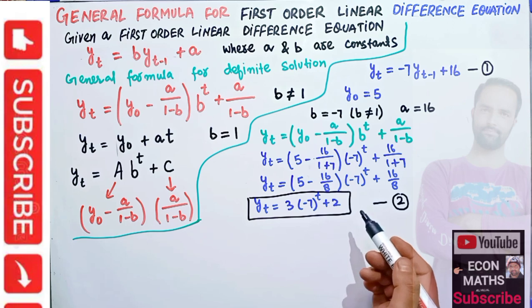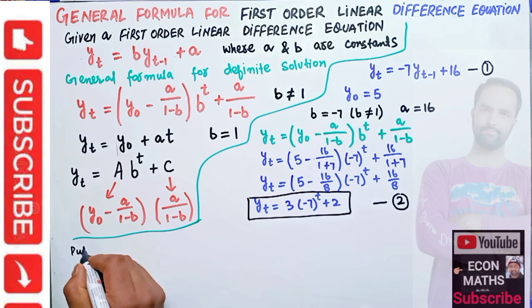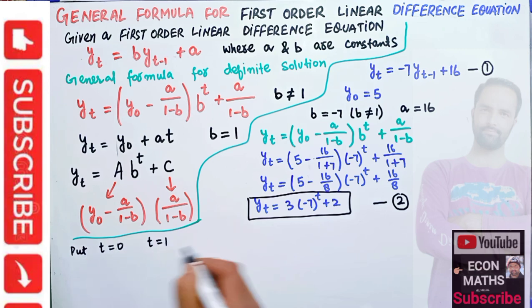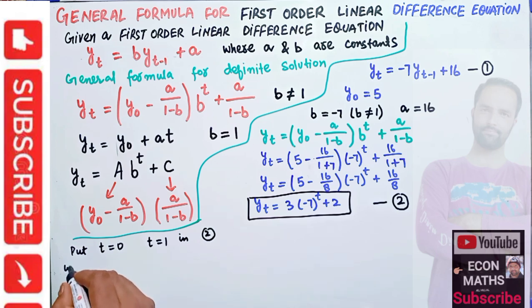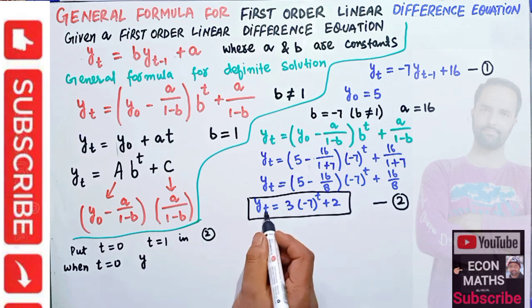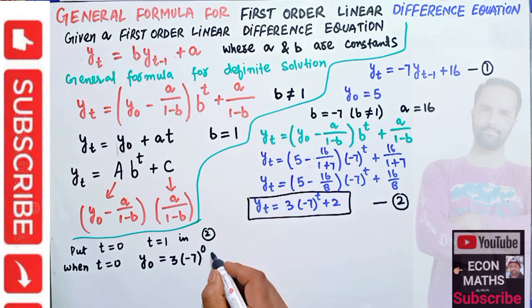To check the solution, what will we do here? We put t is equal to 0 and t is equal to 1 in this equation second, one by one. When t is equal to 0, this equation reduces to y naught is equal to 3 into minus 7 raised power 0 plus 2.